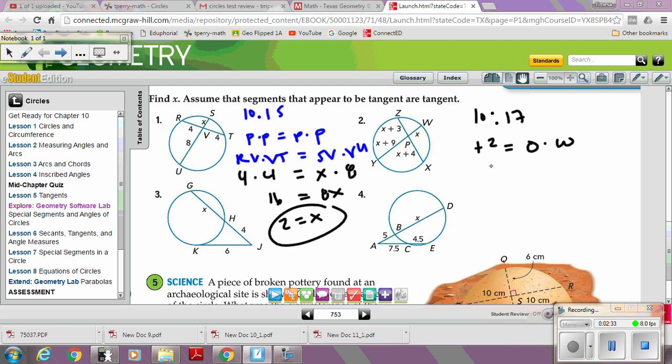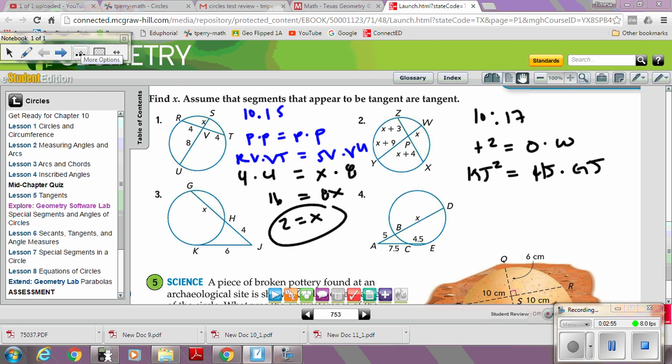In other words, KJ squared, because that's your tangent on number 3, is equal to the outside portion of your secant, which is HJ, times the whole secant, which is GJ.